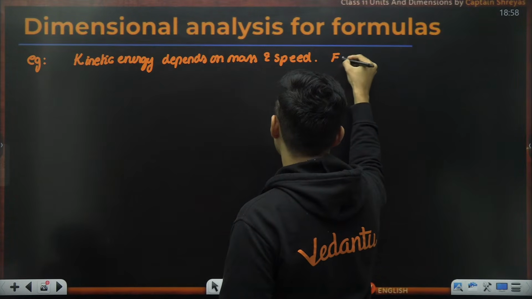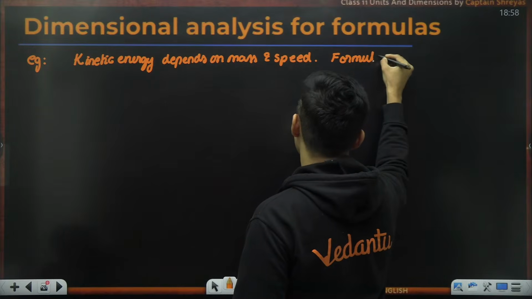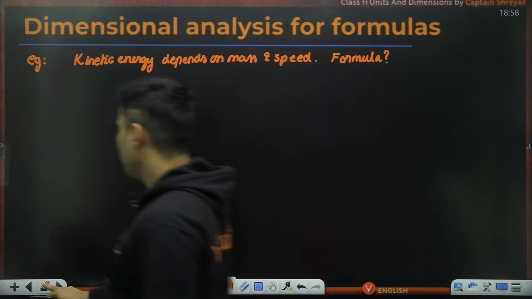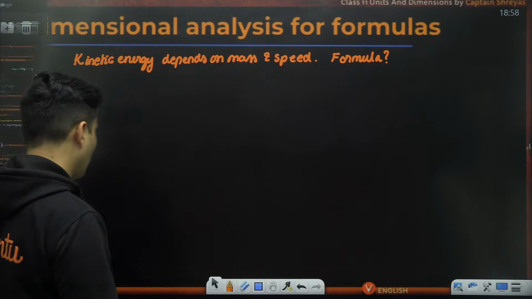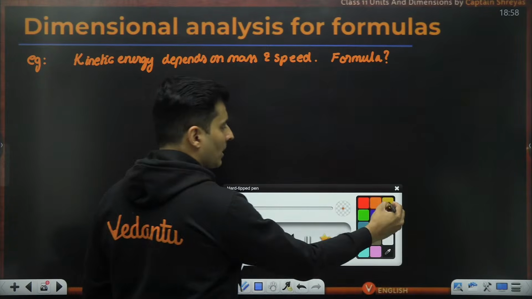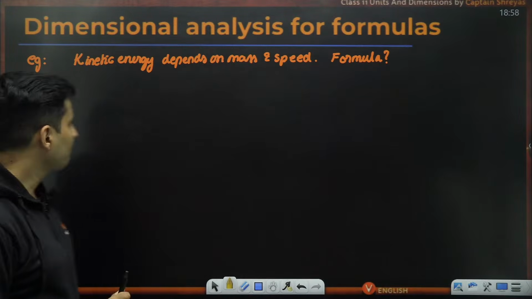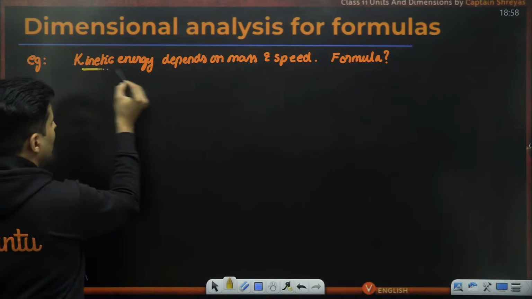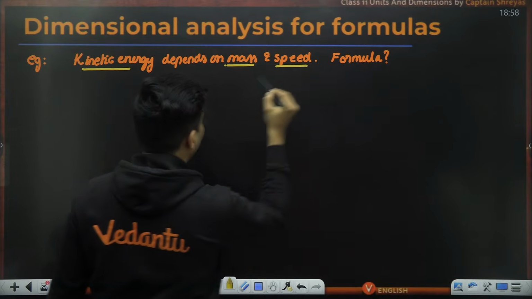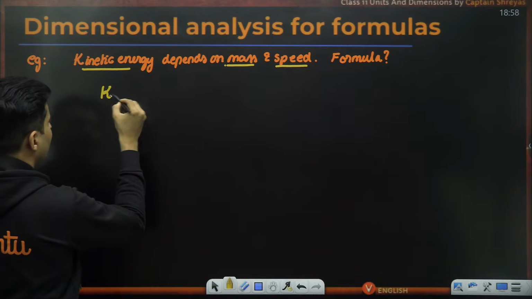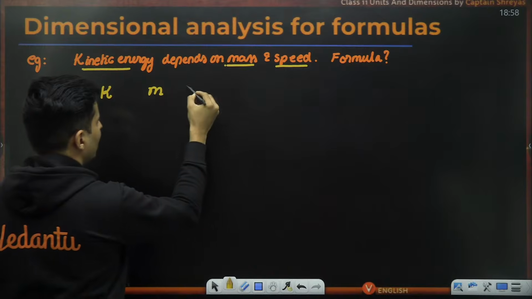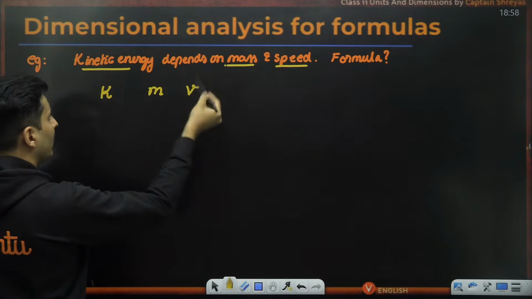Can you figure out the formula approximately for kinetic energy? Well, the answer is yes. Let's figure out how it is. Okay. First step, observe. Kinetic energy depends on mass and speed. Symbol for kinetic energy K depends on mass, depends on speed, but I do not know how.